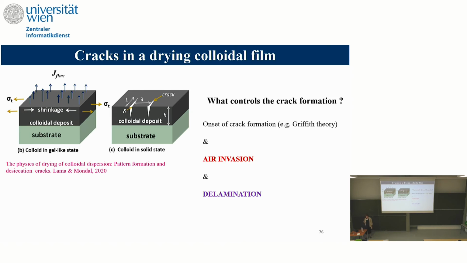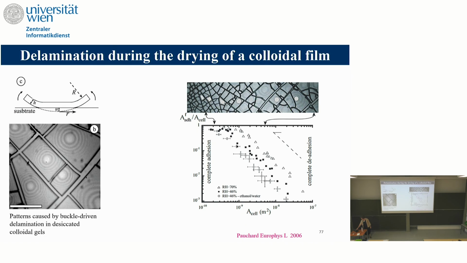Then you can have delamination. I'll go fast here. There are some people showing experiments, but basically it tells you that you don't have a very strong adhesion, and at some point it can buckle, partially buckle like this, and then you have parts where you have adhesion and parts where you don't, and it changes the pattern that you would have.